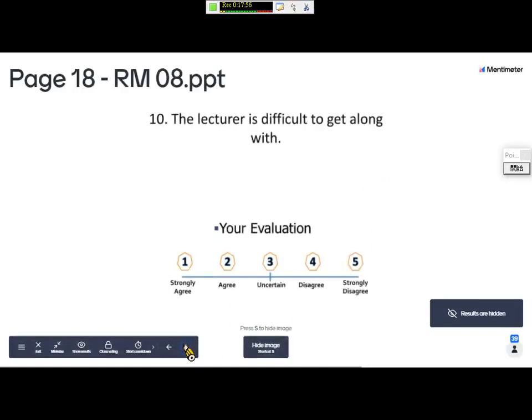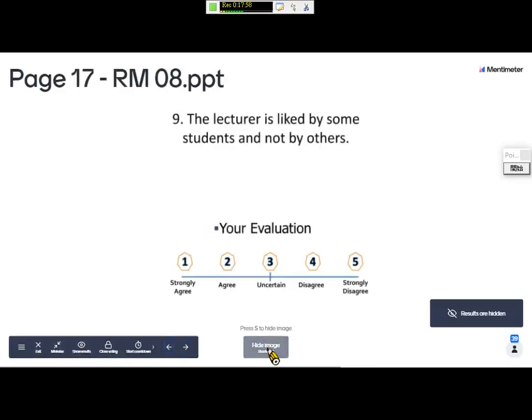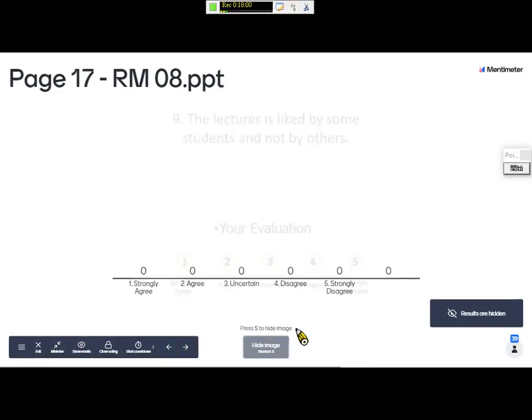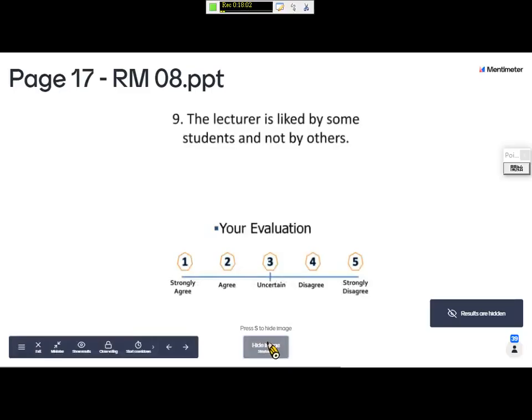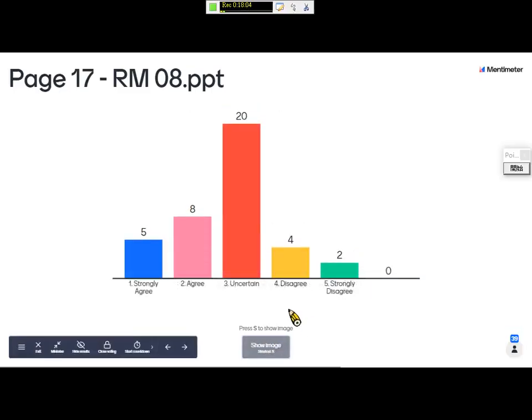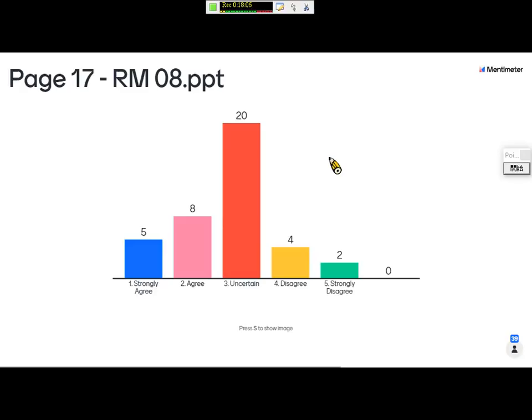Let's see whether you have the correct one. See, over here, right? This shows a story. That is, this question does not have the power of discrimination, which means there's no use putting this question here, because all the answers you get are just 3 in the middle.